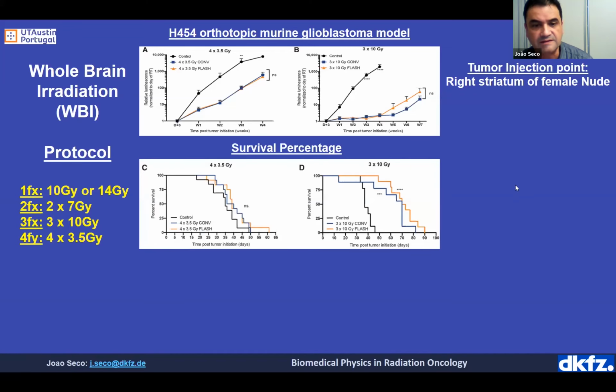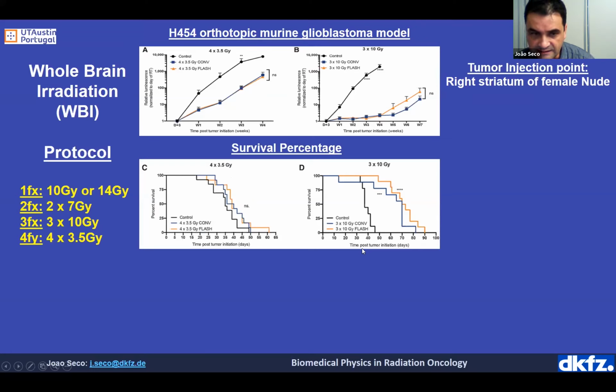But from a survival perspective, now this is significant. You see on the 3x10 gray, a significantly different survival. The mice that received 10 gray times 3 in flash survived longer. And this is statistically significant. And if you compare the 4x3.5, they have approximately the same survival, which is non-significant.